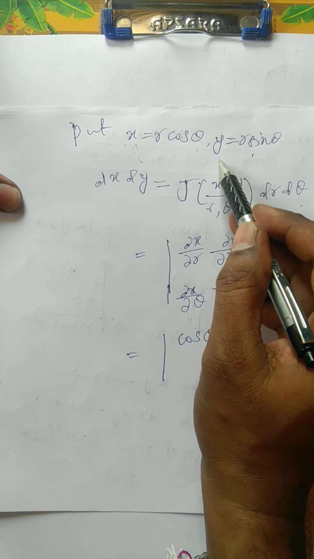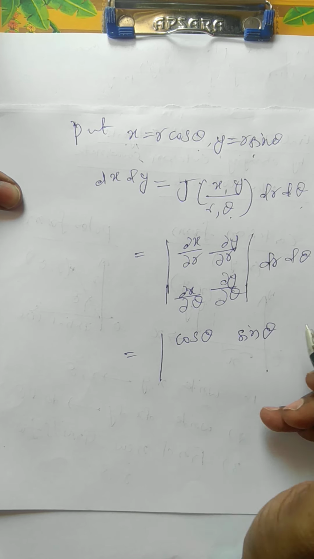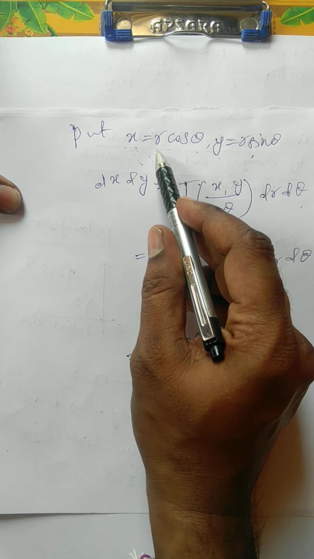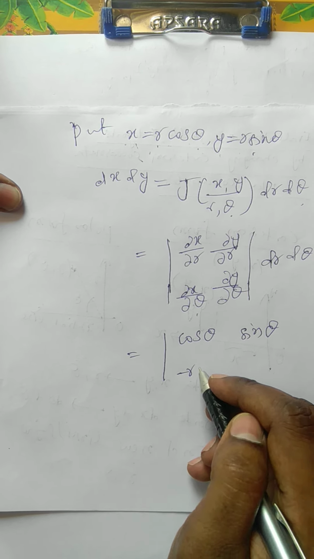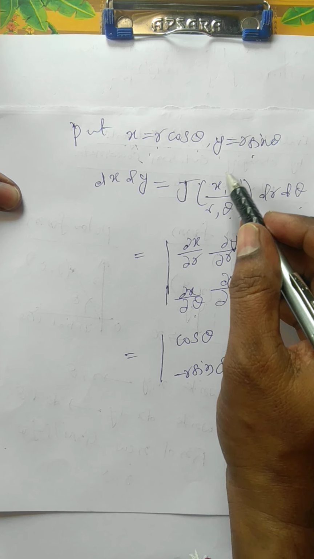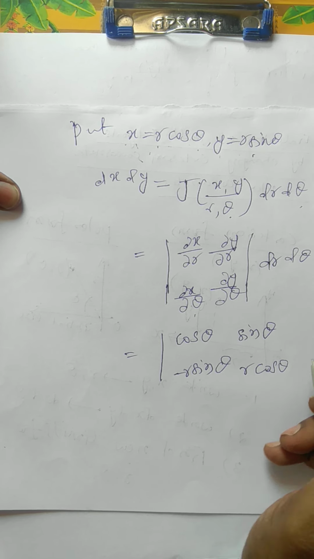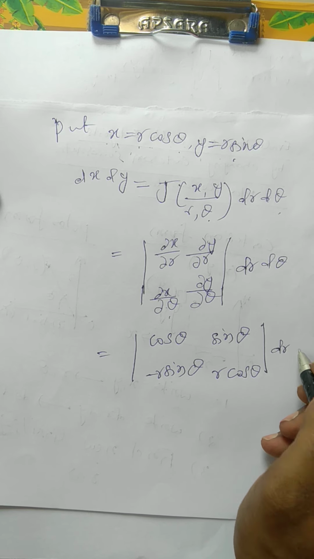What is dou y by dou r? Dou y by dou r equals sin theta. What is dou x by dou theta? Minus r sin theta. Now what is dou y by dou theta? r cos theta, into dr d theta.